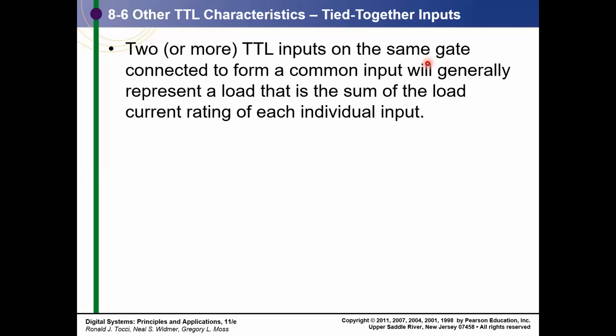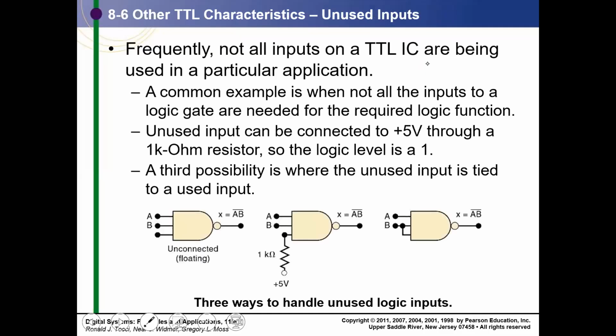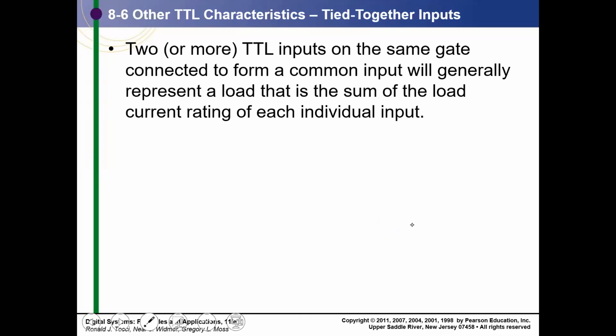So the load will definitely increase. What we did here, see here, now this node will be driven by another gate. For example, this gate is driving it. So rather than driving just one gate, it has to drive two gates, so this load will slightly increase.